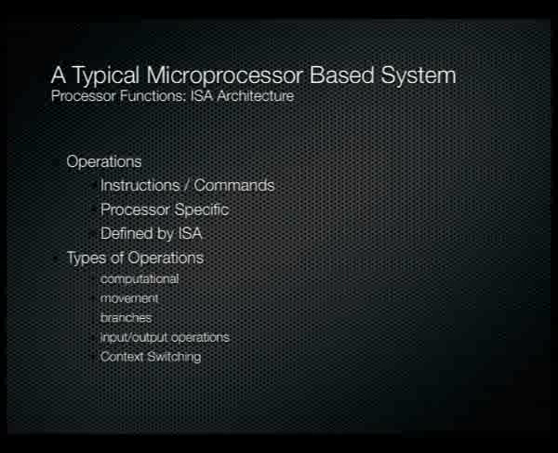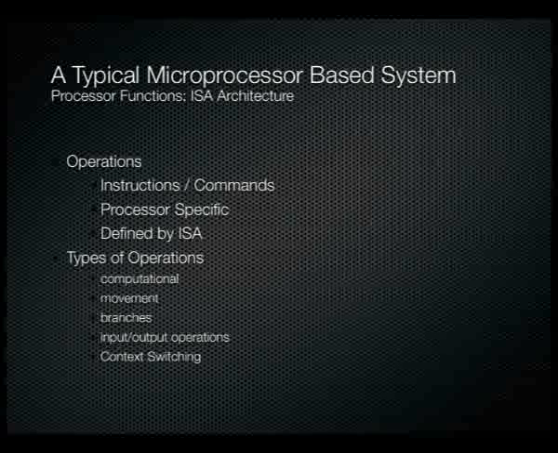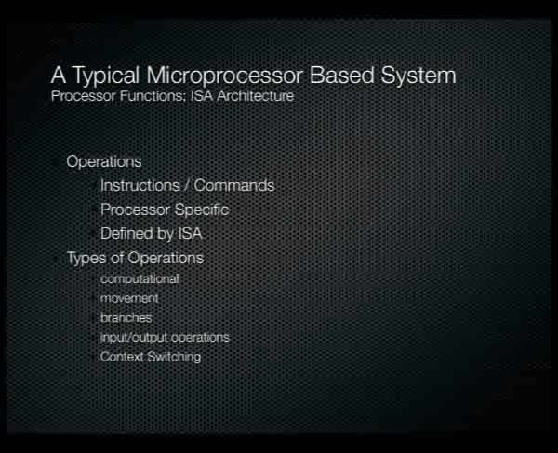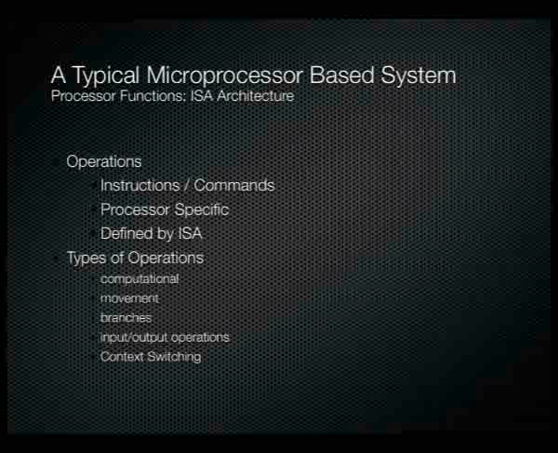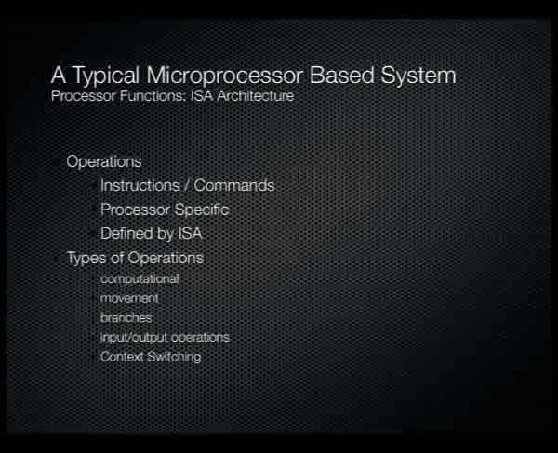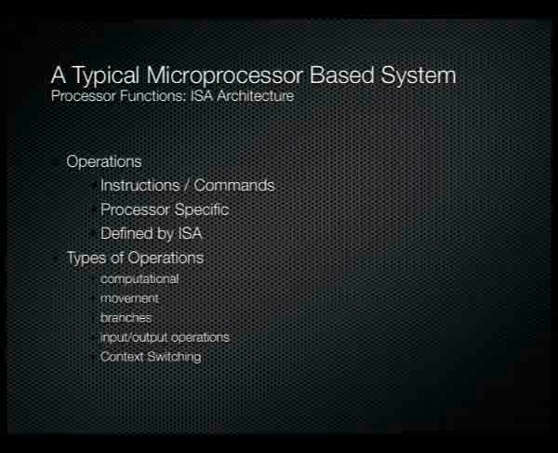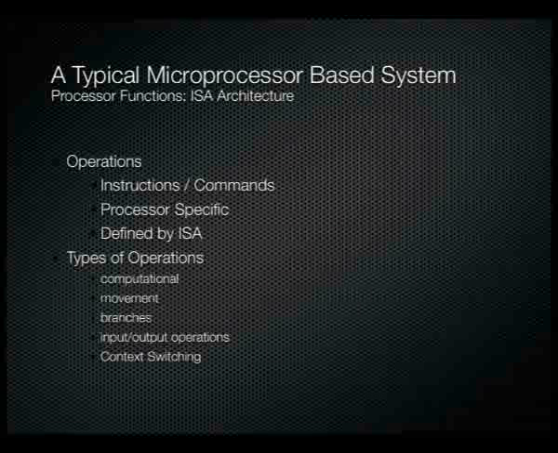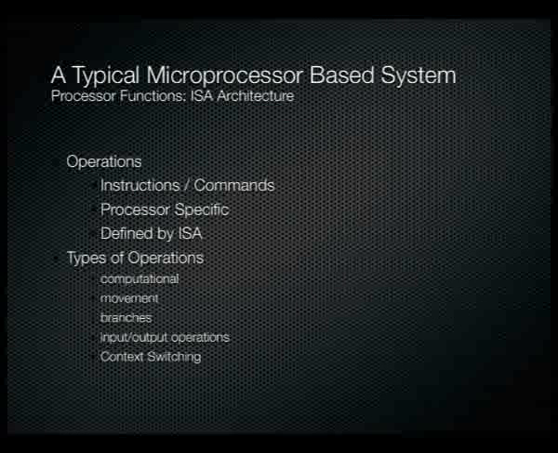So irrelevant of whether you learn the Freescale processor in this course, if you pick up another processor, it's going to have a completely different set of instructions, so you've got to learn a different set of mnemonics. They are very processor specific, and of course they're defined by the instruction set architecture, because you've got to have the functional blocks behind those instructions to make those instructions happen.